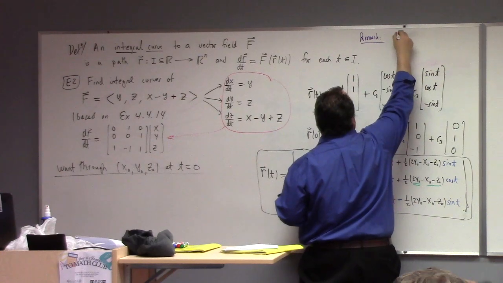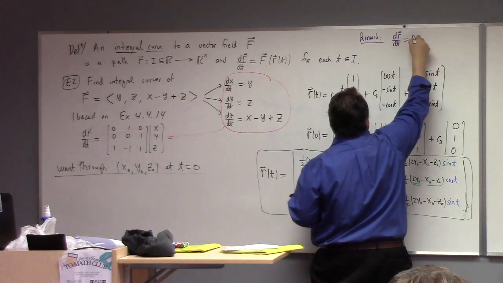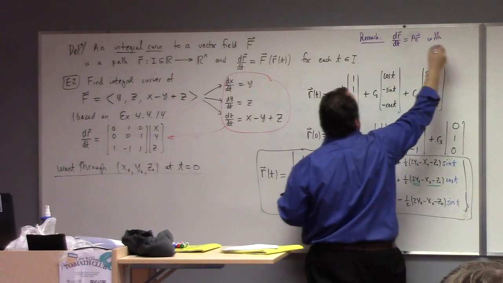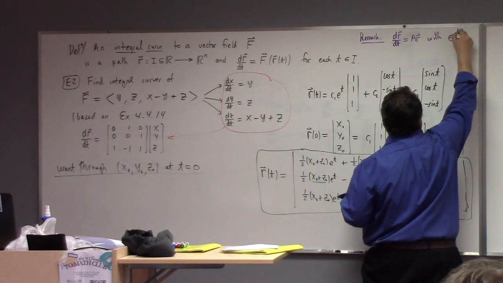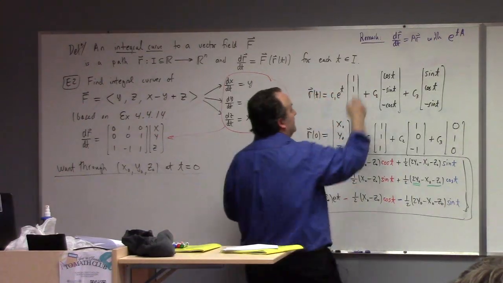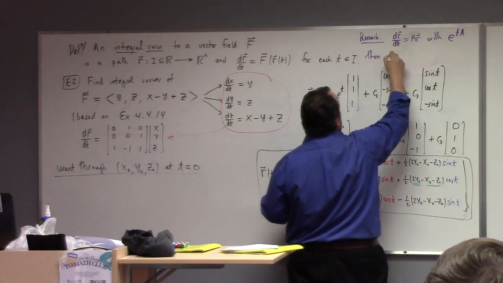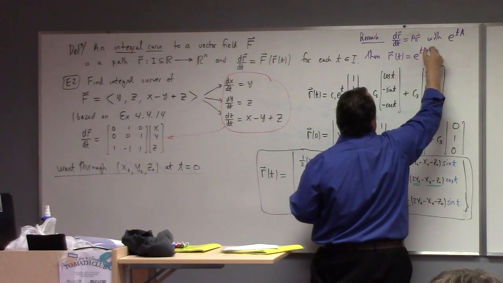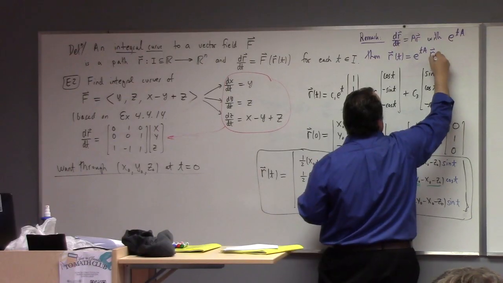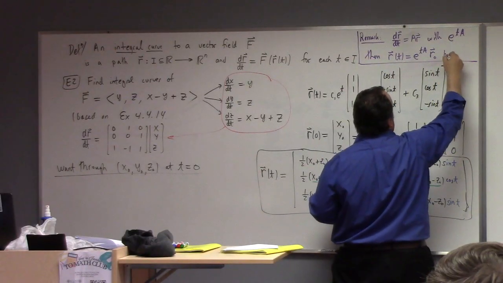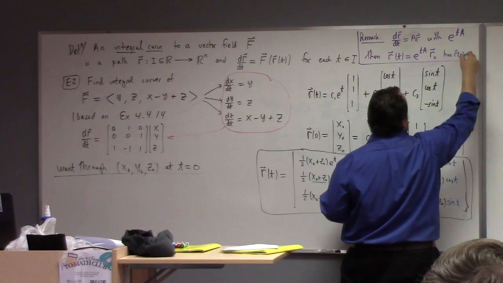If you have dr/dt equals A r, with e to the At, or as it was pointed out to me, the eta, if the eta is calculated already, then you just put r of t equals e to the At times your r naught, whatever that given thing is, that has r of 0 equals r naught.